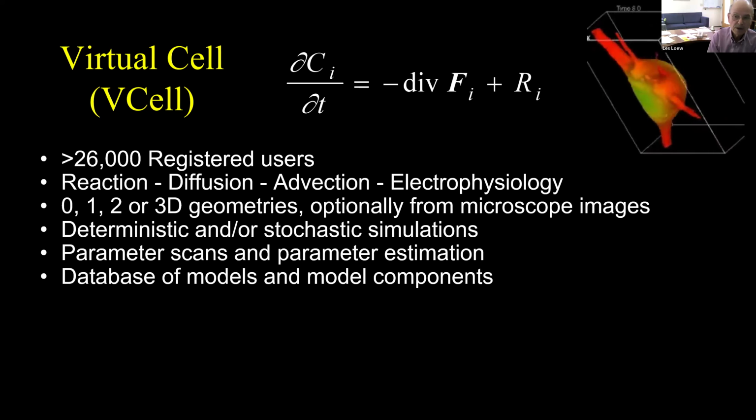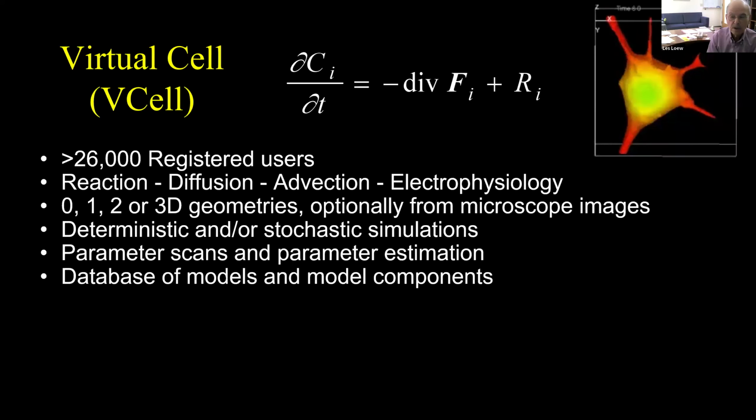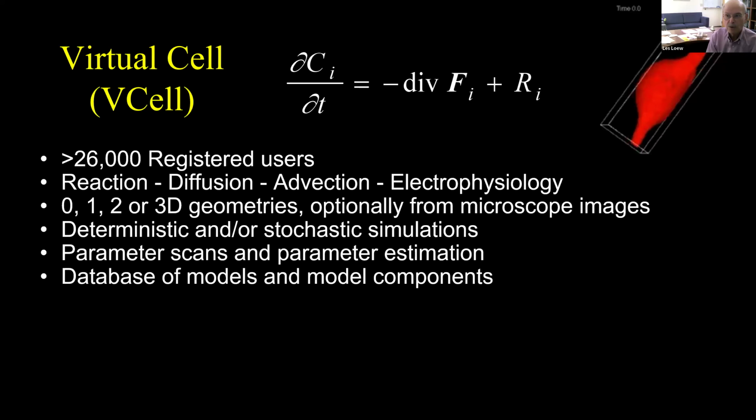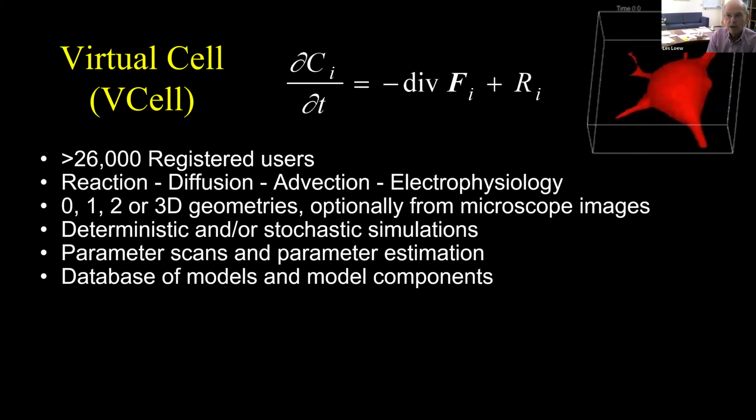You can run your simulations locally on your own computer and get simulation results, but most of our users find it more convenient to save their models and their simulations on our database so that they're all collected in a nice way.